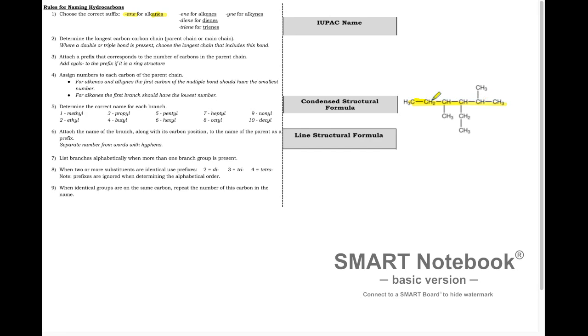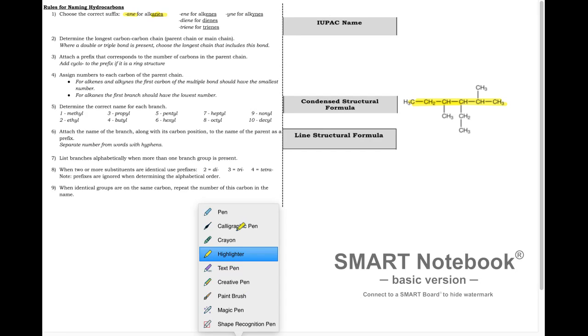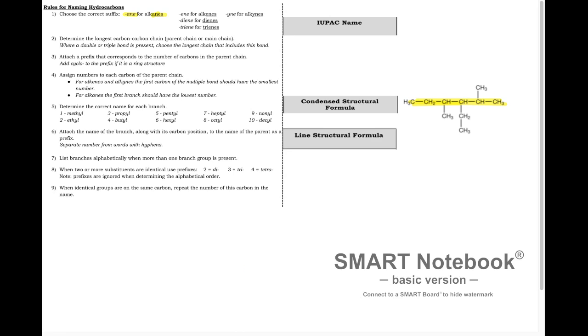So this is our main chain that I'm highlighting. Anything that comes off of that main chain is considered a substituent. So we have a substituent here, here, and then here as well. All right, so we need to dissect a little bit more of our main chain. We're going to attach a prefix that corresponds to the number of carbons in the parent chain.